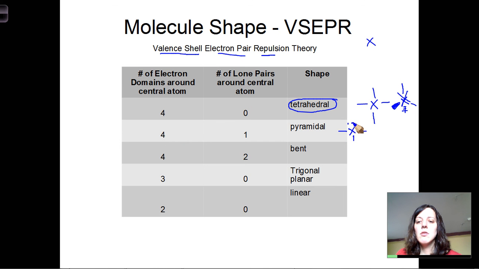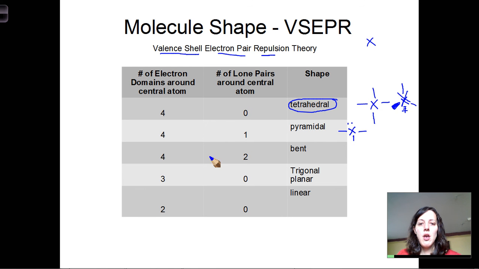We have 1, 2, 3, 4 areas of electrons around the central atom and 1 lone pair. Students often don't want to count the lone pair as an area of electron domains. This doesn't say number of bonds around the central atom, it says area electron domains. So that includes both bonded and non-bonded electrons.